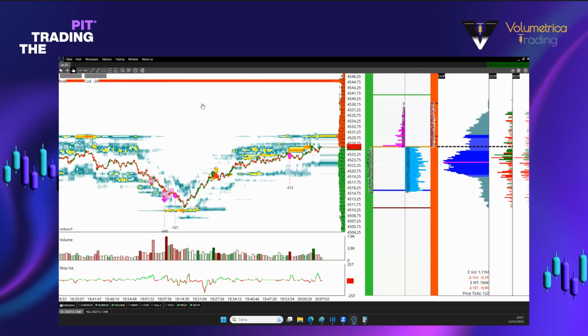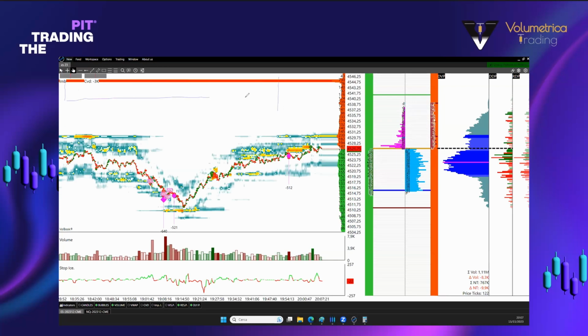Normally we tend to have liquidity pools attracting price when we have liquidity which has been resting here in the order DOM for a long time. Liquidity being here for a long time would tend to attract price more easily compared to those liquidity pools which have come to market and have been sitting in the order book for a shorter time span.